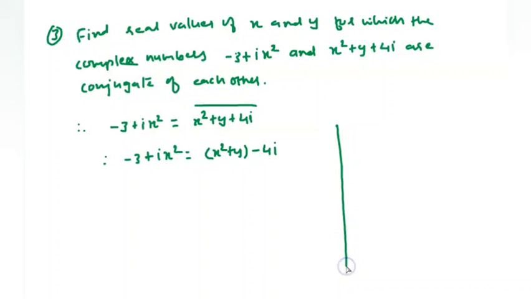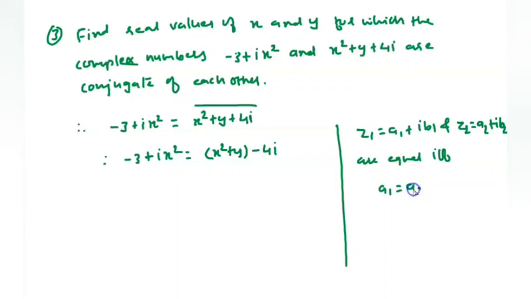We know that two complex numbers z1 is equal to a1 plus ib1 and z2 is equal to a2 plus ib2 are equal if and only if their real parts are equal, a1 is equal to a2, and their imaginary parts are equal, b1 is equal to b2.